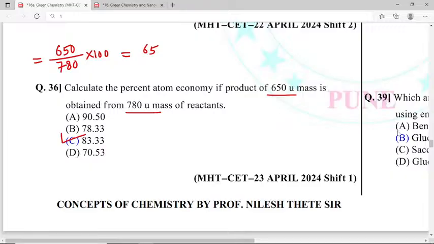So it is written as 650 divided by 7.8, and we get an answer greater than 80 but less than 85. Okay.